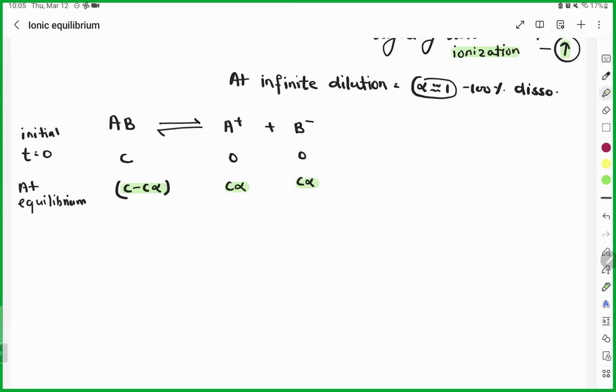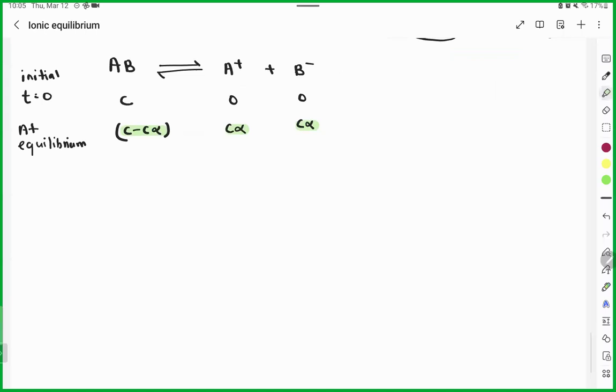I do remember I need to explain the van't Hoff factor topic once again, but before that, I wanted to explain this. Correct. So this is extremely important. After some time, you will form some product and the reactant will reduce. If you apply the law of mass action, you know the equilibrium constant K will be equal to [A positive ion][B negative ion] divided by [AB].